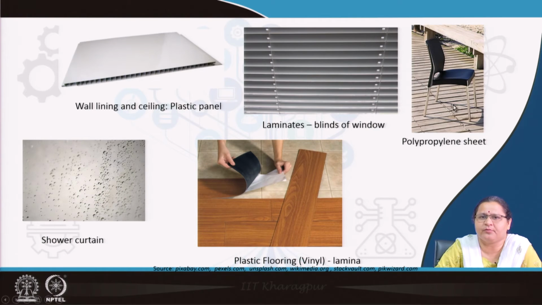The polypropylene sheet, which is the seat of the chair or the back of the chair, or maybe some polyurethane panel which can be used as a false ceiling or a wall cladding or a partition. We see all these things in most of our daily uses.